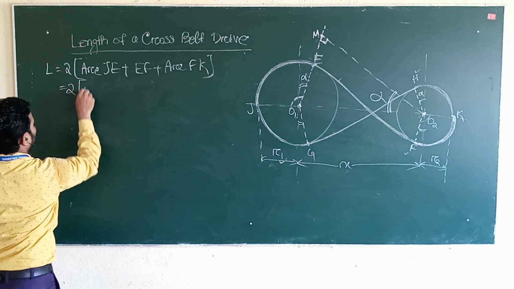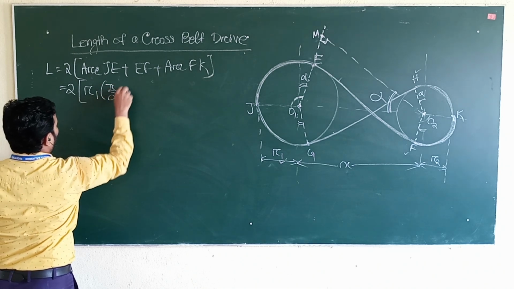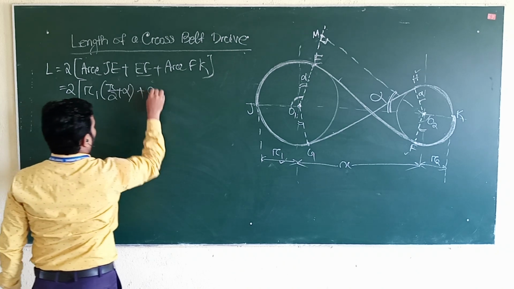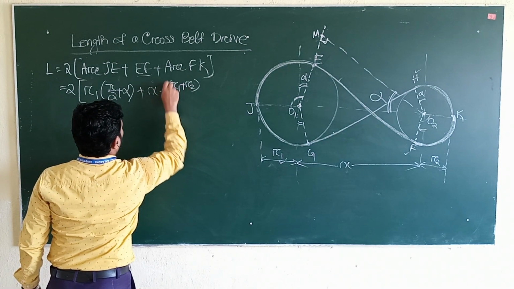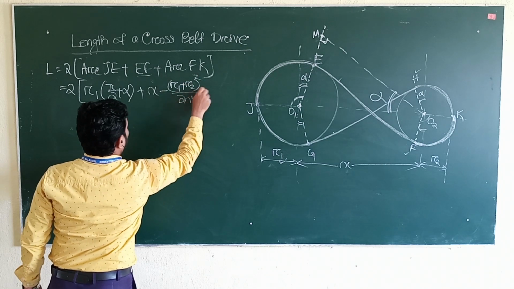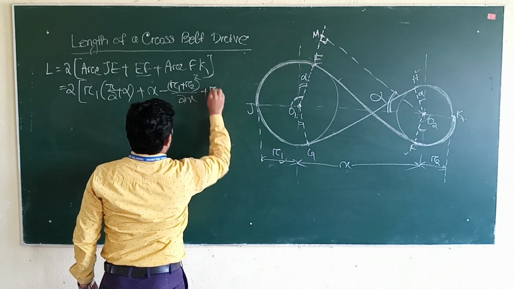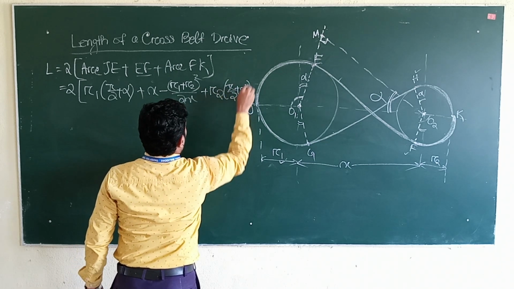We know that this is R1 into pi by 2 plus alpha. Plus EF, which we calculated recently: x minus (R1 plus R2) square by 2x. Next, the value of FK, which we have already calculated: R2 into pi by 2 plus alpha.